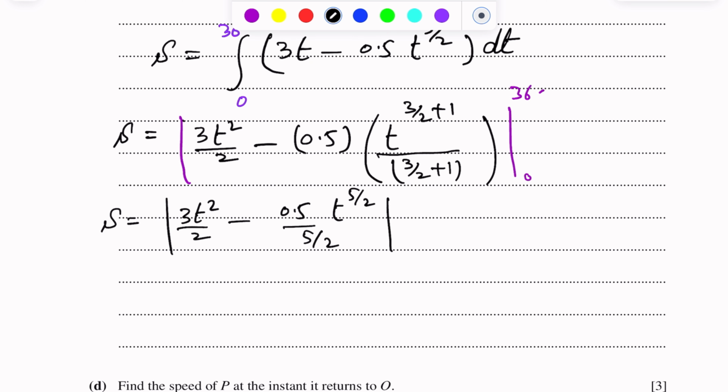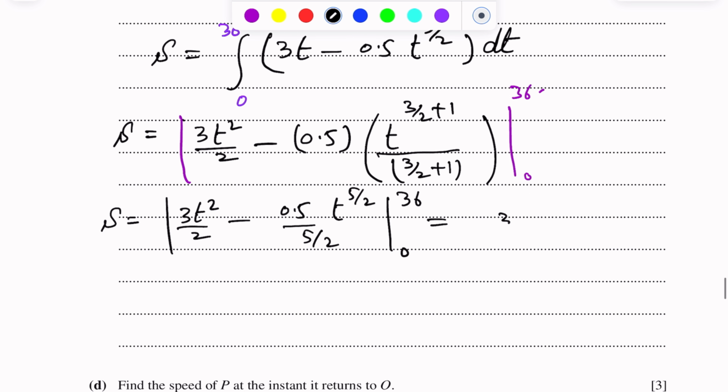Limit is 0 to 36. Further simplifying these two terms, we get 3t square over 2 minus 1 over 5 t power 5 over 2. Limit is 0 to 36.